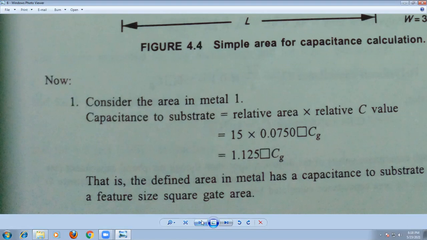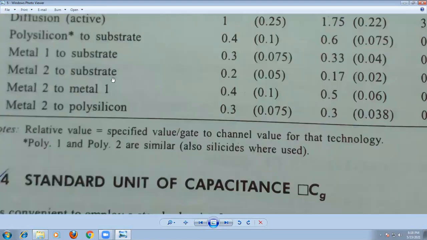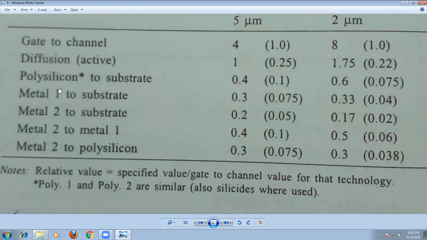From the table in 5 micrometer technology, metal 1 to substrate, you have to consider. The actual given value is 0.3, whose relative value is 0.075. Take this value, because we are going to calculate in terms of relative values.